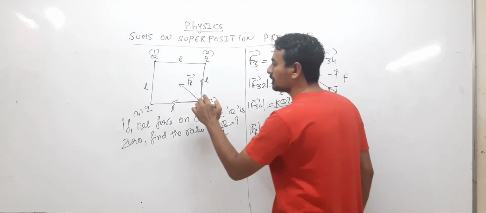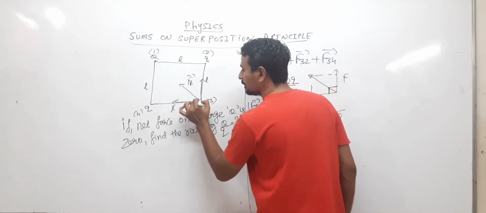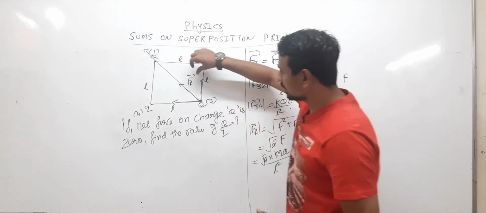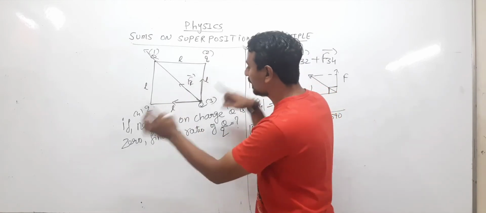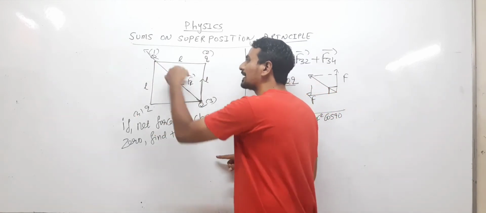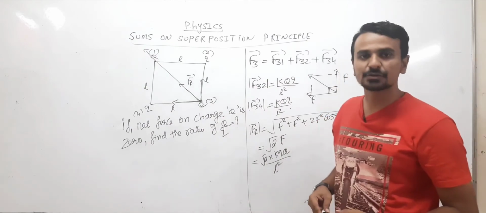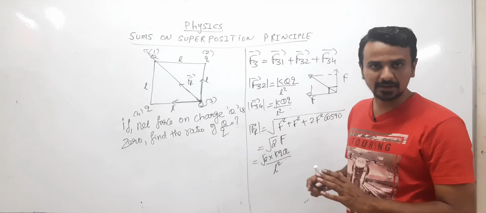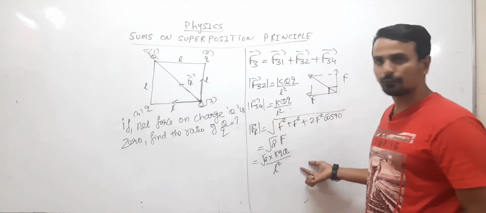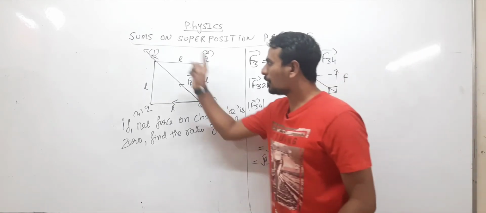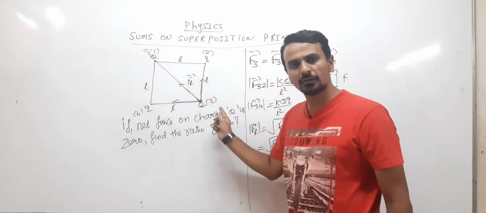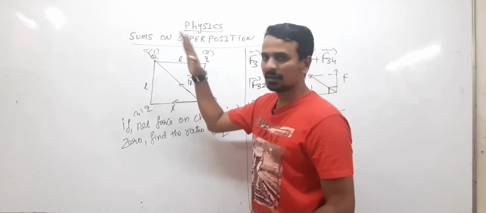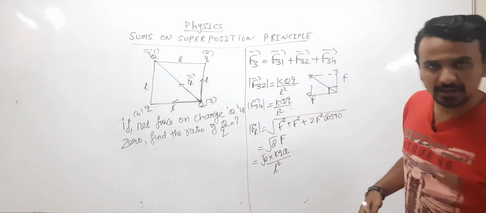Also, force on 3 because of 1 will be in the same direction, right? So the resultant of these two forces and the force on 3 because of 1 are both in the same direction. When two vector quantities are in the same direction, they can be added up directly. So now I will add this resultant force with the force of the first charge on the third charge. Fine, clear?